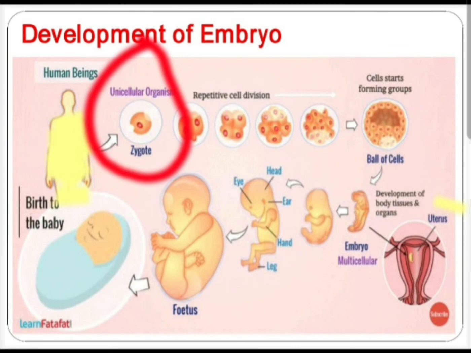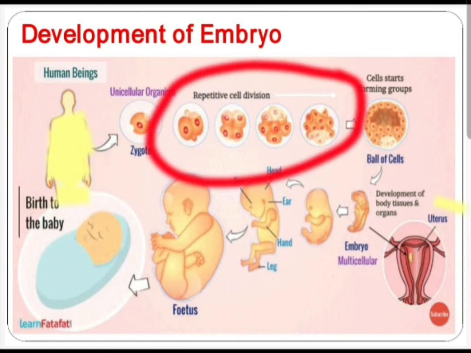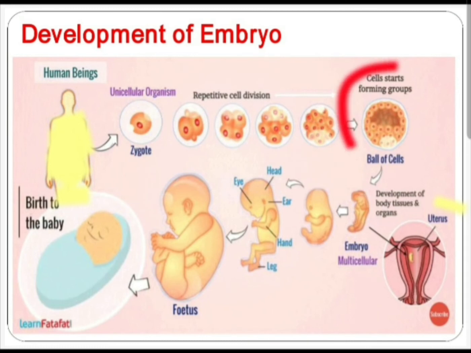The zygote divides rapidly to give rise to a ball of cells, and the cells then begin to form groups that develop into different tissues and organs of the body.